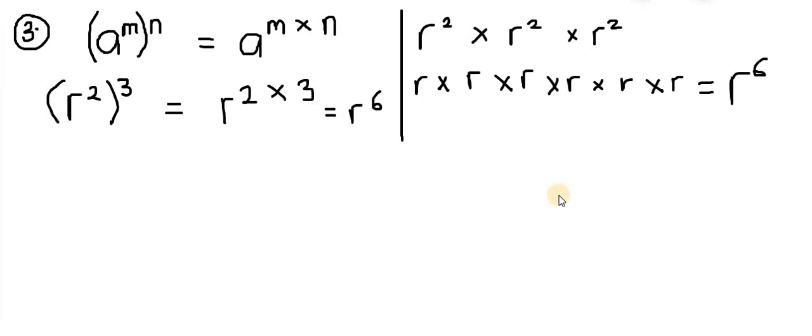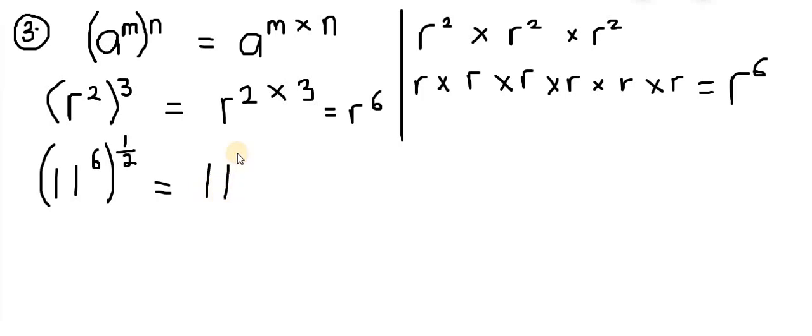Now, we can also do this with numbers. So we can say 11 to the power of 6, okay, in the bracket, and we can have a fraction of power on the outside of a half. And so the process doesn't change.